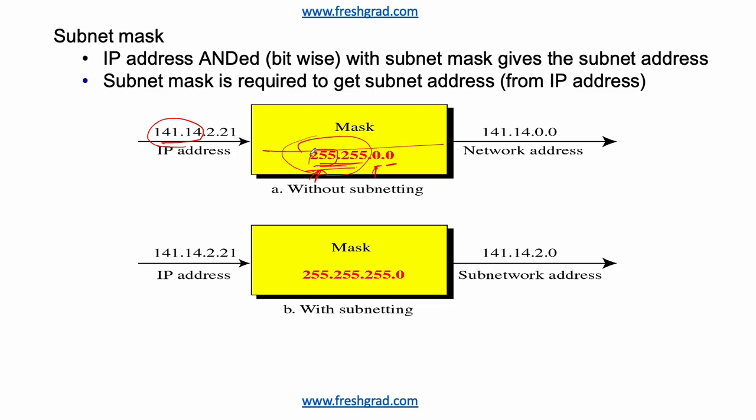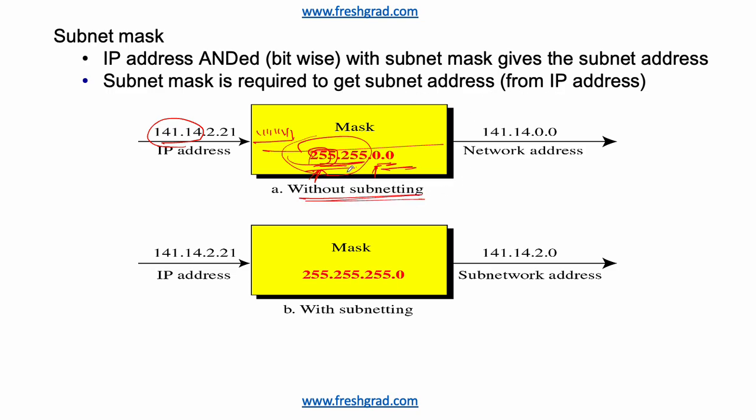This 255 means all ones, right? 255 means 8 ones and 0 means all zeros. Where 1 represents the network prefix and 0 marks the host identifier. This is for the host identifier. So the IP address ANDed bitwise with the subnet mask gives the subnet address.